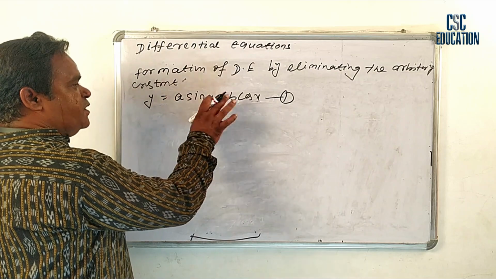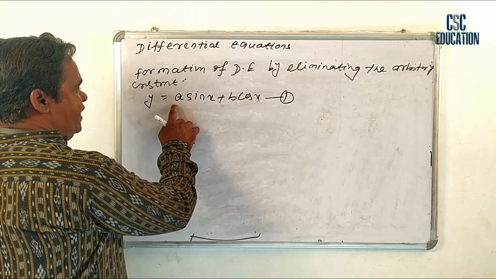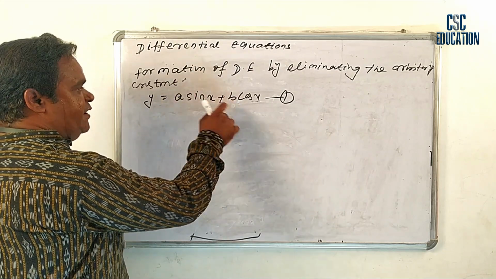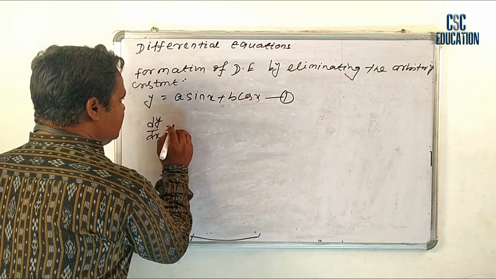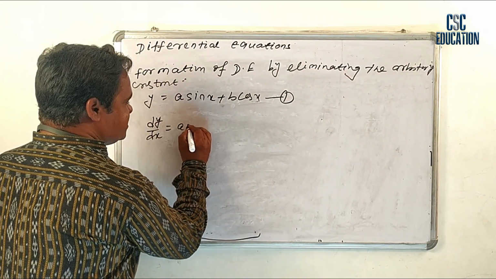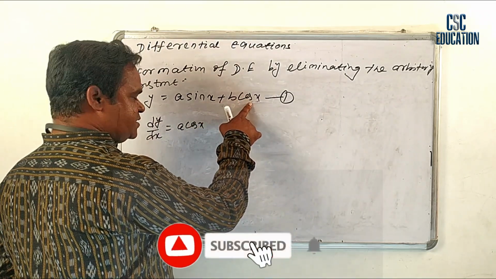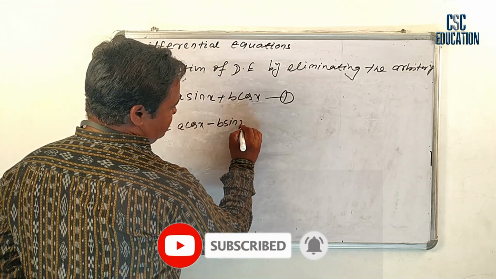Here y is a function of x, but two constants are there: a is a constant and b is another constant. So first differentiate: dy by dx equals a cos x, since the derivative of sin x is cos x, and for b, the derivative of cos x is minus sin x, so minus b sin x.